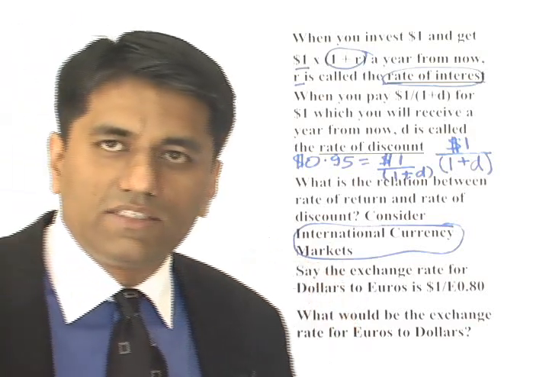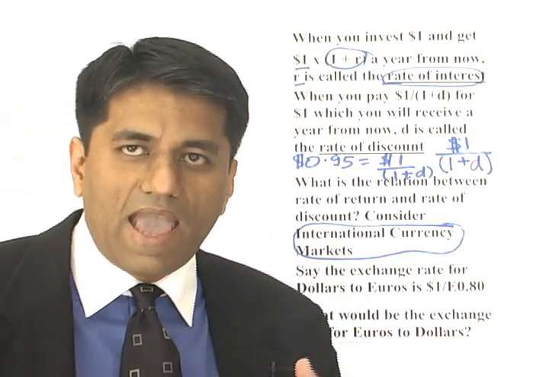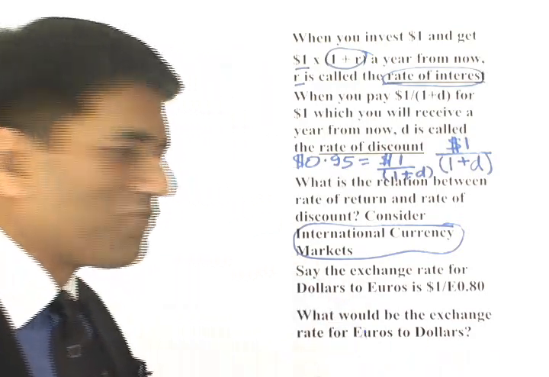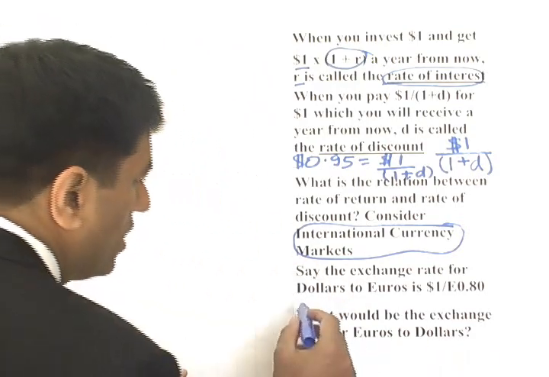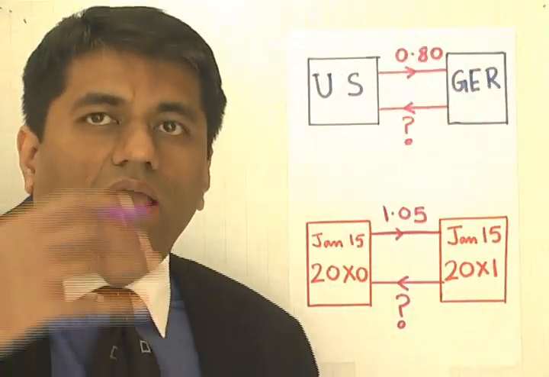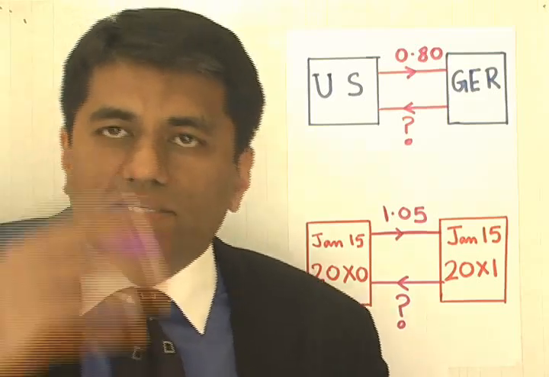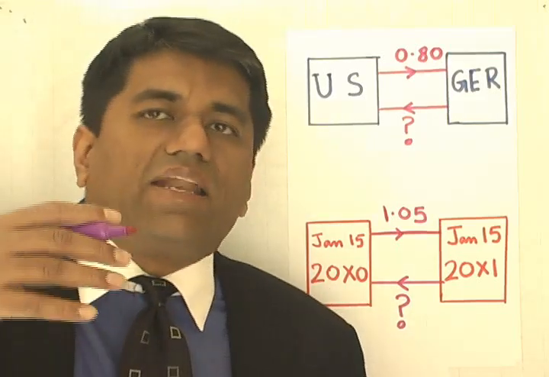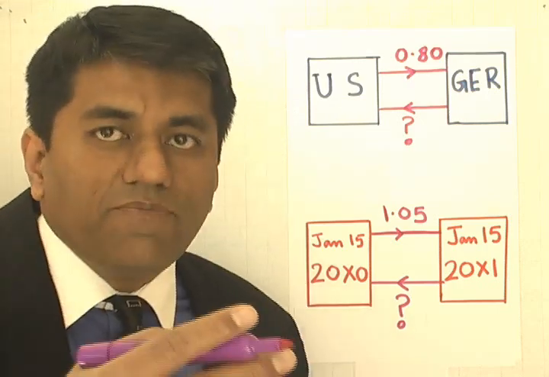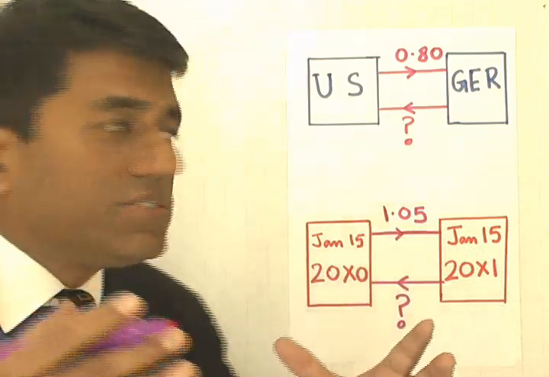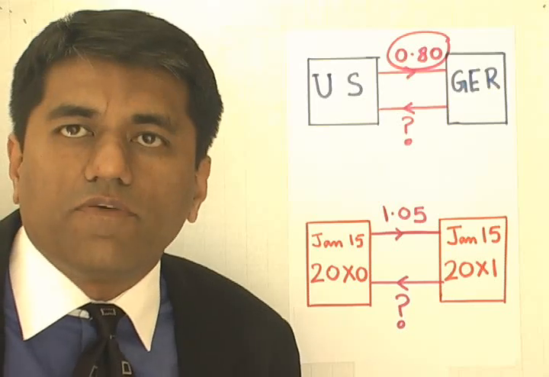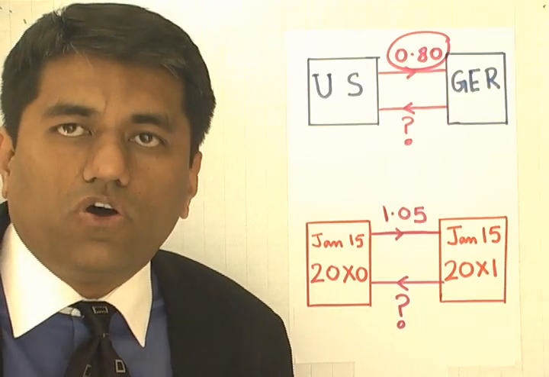So in the international currency market, traders can exchange one currency for another currency. For example, they can exchange dollars for euros. So the exchange rate for dollar to euro is 0.80, which means that if you are sending money from the US to Germany, let's say, and if you have $100, then you're going to multiply that by 0.80 to get 80 euros.